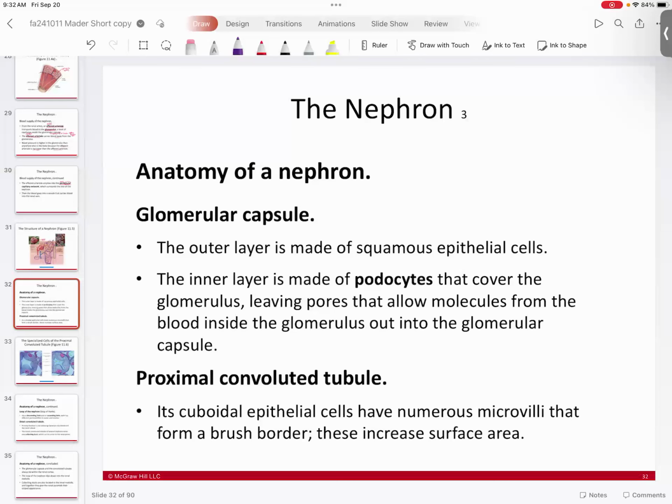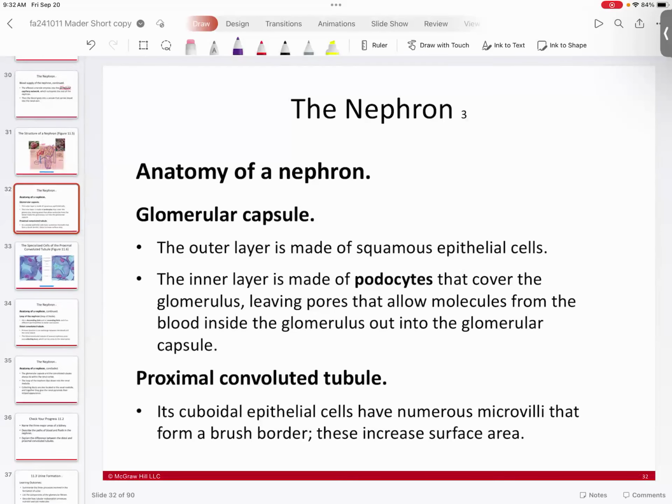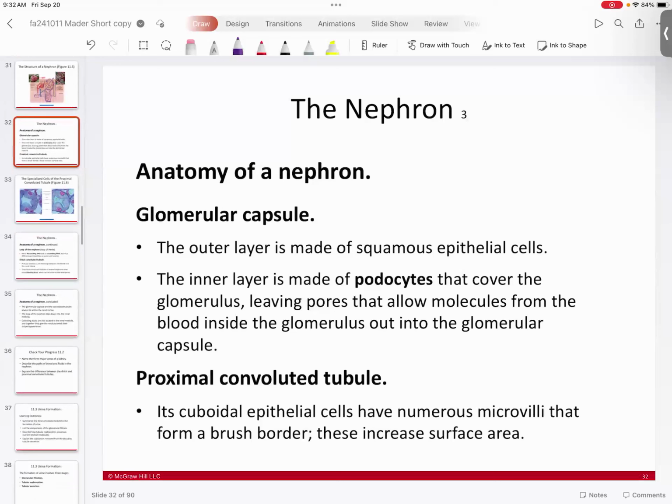Now, what we're going to do is we're going to basically work our way through that entire tubular system. Let's start off, first of all, with the capsule. So this is the first part of the nephron. The outer layer, essentially, is mostly squamous epithelial cells. The inner layer is formed by what's called podocytes. So this actually means foot cell.